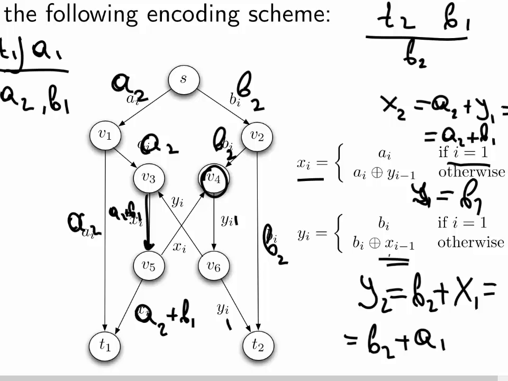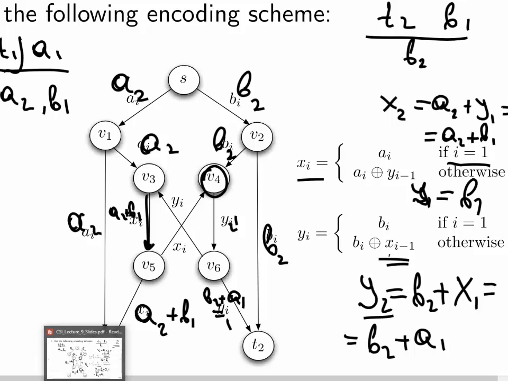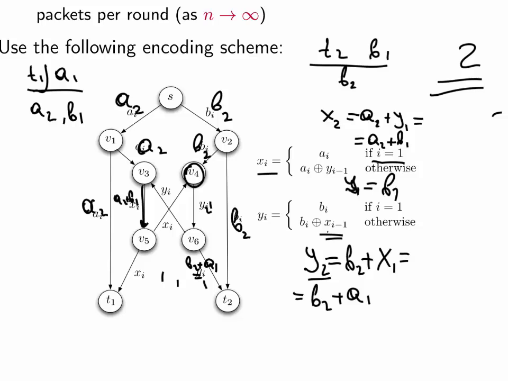And this will be forwarded, right? So this will be the value of Y2. And this is exactly the same packet that will be sent over by node V6. So packet B2 plus A1 will be transmitted. So now the destination node T2 will be able to decode B2, but also will be able to decode A1.